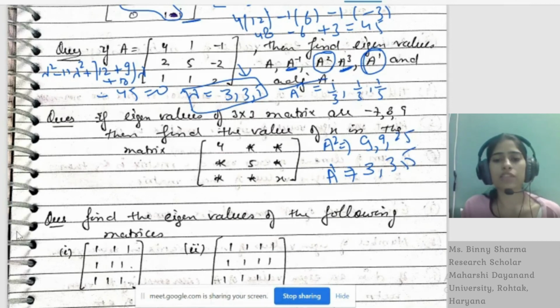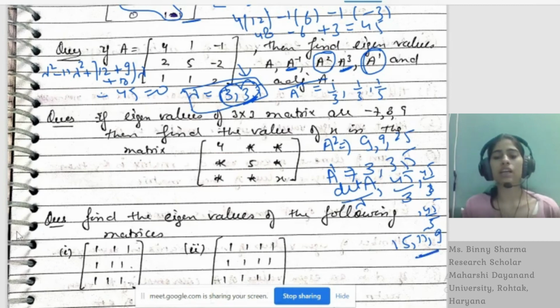The eigenvalues of adjoint A are given by determinant of A divided by lambda. The determinant can be found as the product of the eigenvalues, which is equal to the determinant of the matrix. So the determinant is 45, and lambda is 3, 3, 5: 45 by 3 and 45 by 5 gives 15, 15, and 9.